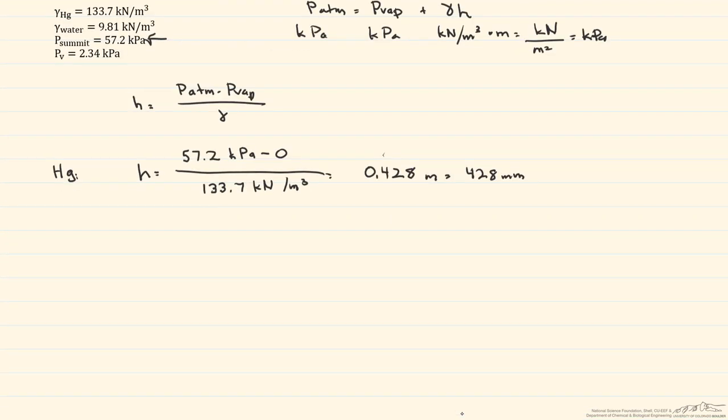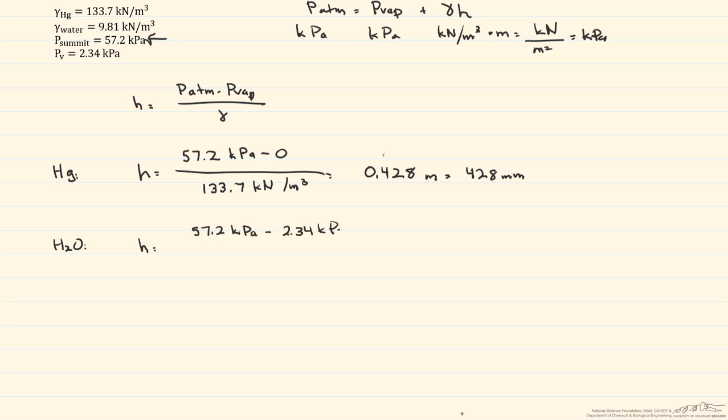Now, let's take a look at water, and we're going to do the same calculations. However, there is a difference because there is a vapor pressure that's significant for water. So our H now is going to be equal to 57.2 kilopascals minus 2.34 kilopascals.